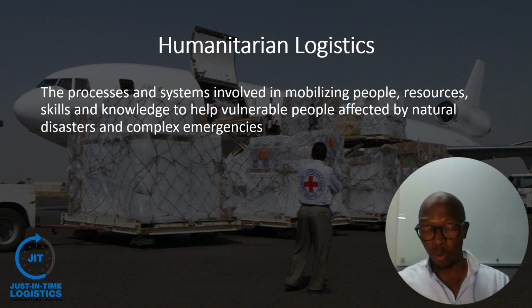There's things like the COVID-19 pandemic. Humanitarian logistics was needed there, as to how do we get the right skills, the right resources, the right knowledge out there to assist the people that are vulnerable.